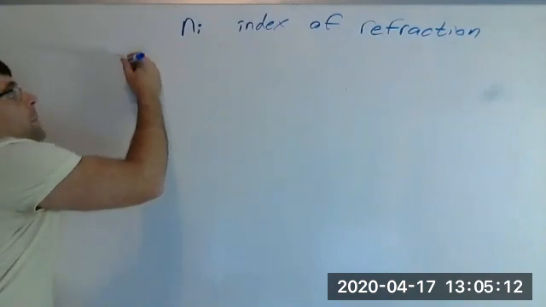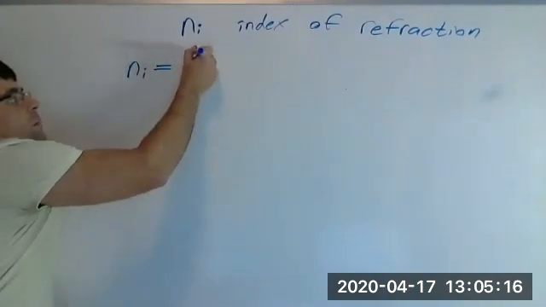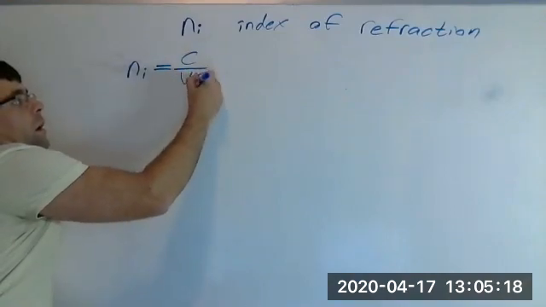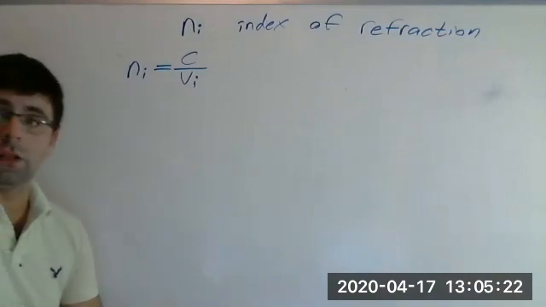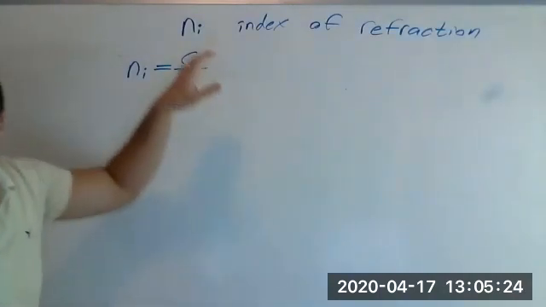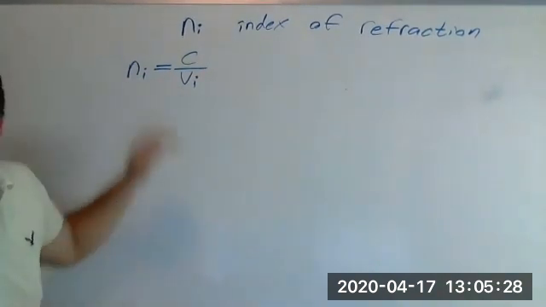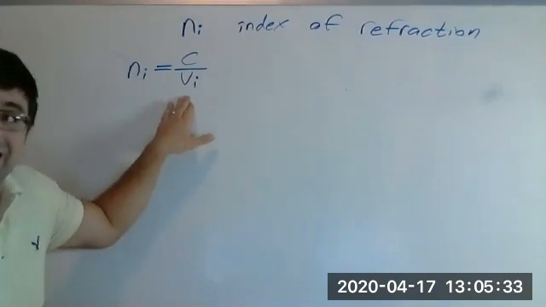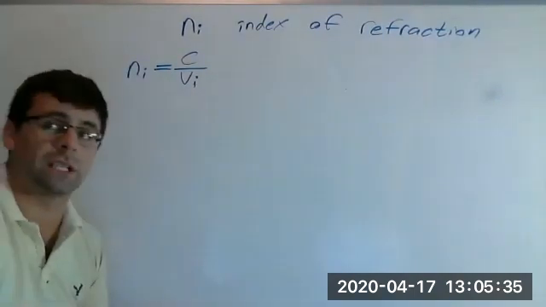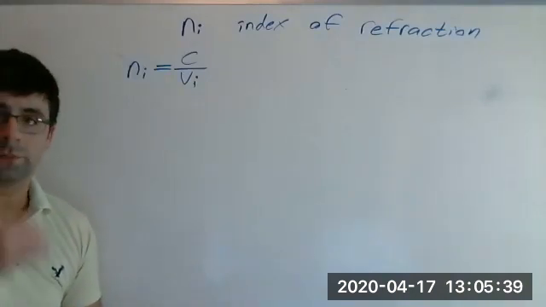But otherwise, it's defined like this, where the index is the speed of light divided by the speed of light in that material, whether it's glass or water, whatever you're talking about.